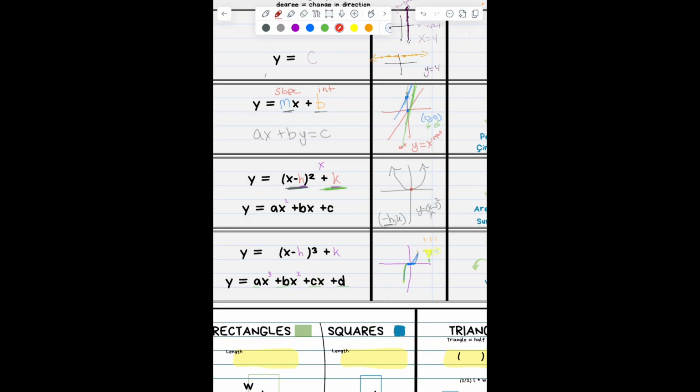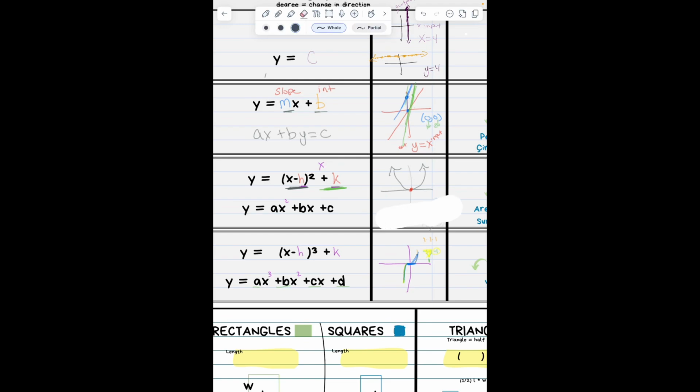Well, regular h, k is at 0, 0, right? So let's add a plus 6 to this equation here. Our k would be the same, it would be 6, but our h would be opposite. Our h wouldn't be a negative 3, it would be a positive 3. And that's very weird, but whatever's in the parentheses is going to be your left, right, but you do opposite. That's why they say the vertex is negative.